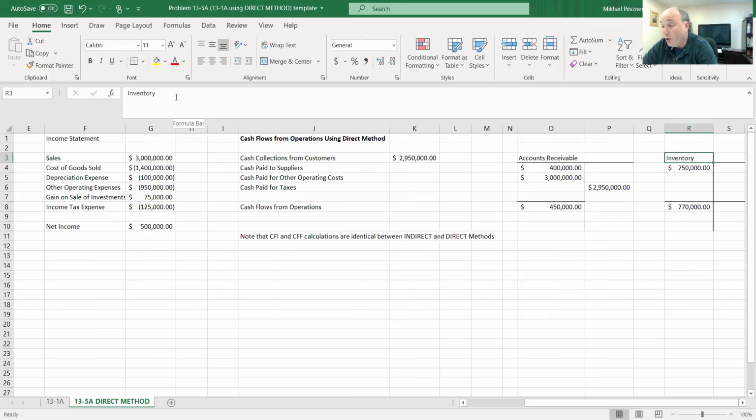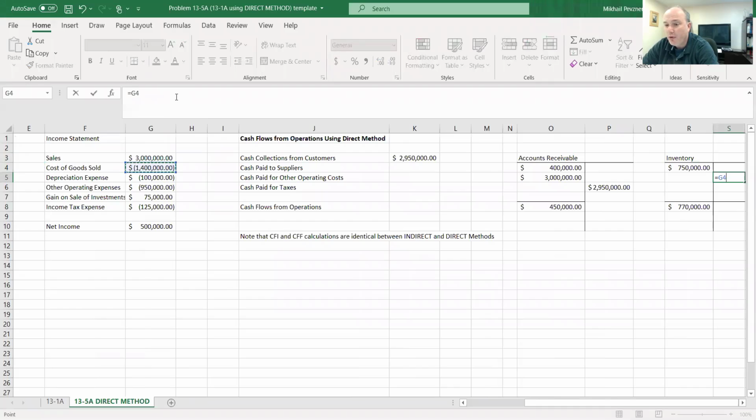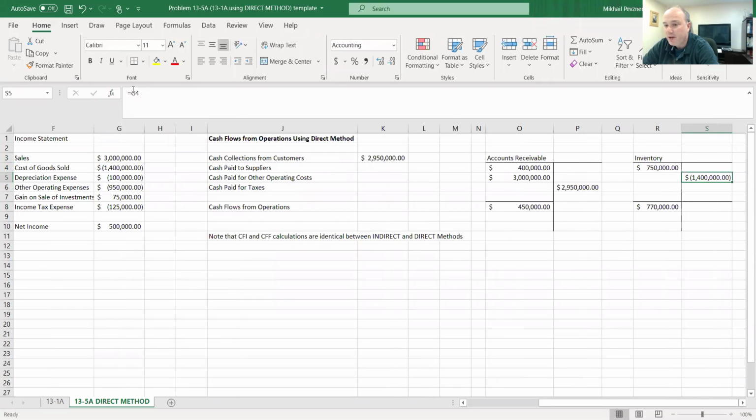My credit to cost of goods sold was in fact 1.4. It needs to be a positive number because it's a credit. Well, now I need to balance this account out. I need a debit here. That will be my purchases, right? So what is that?